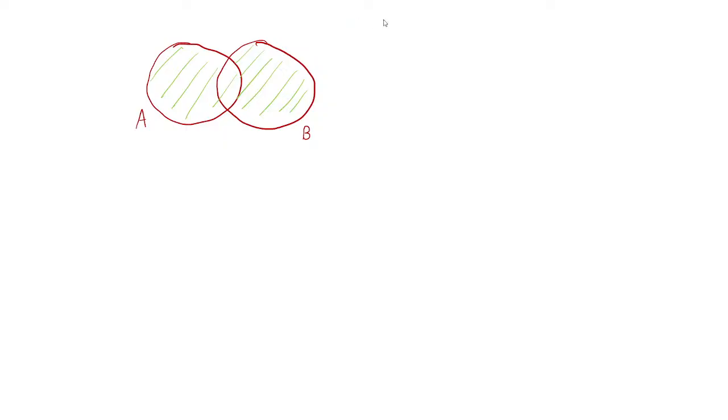My bad, I can't write above, so I have to write a bit below. So this whole region is A union B. I've used light green, but I hope it is visible enough. And what about A intersection B? A intersection B is the region common to A and B. Makes sense?